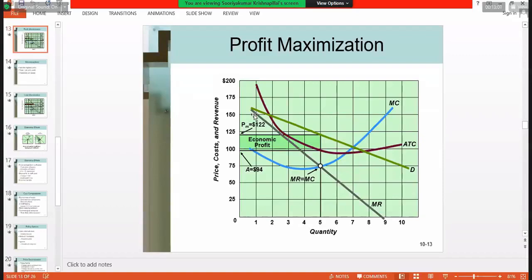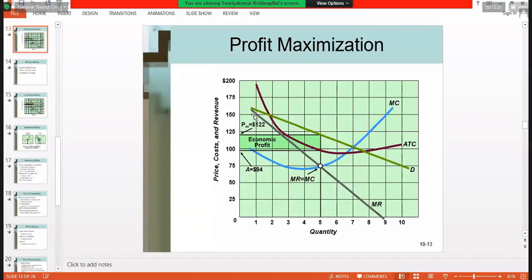But his aim is getting maximum profit. If he sets the price at 150, the profit will be less than when the price is 122. Even though there are prices along the demand curve above 122, he is not selecting those prices.